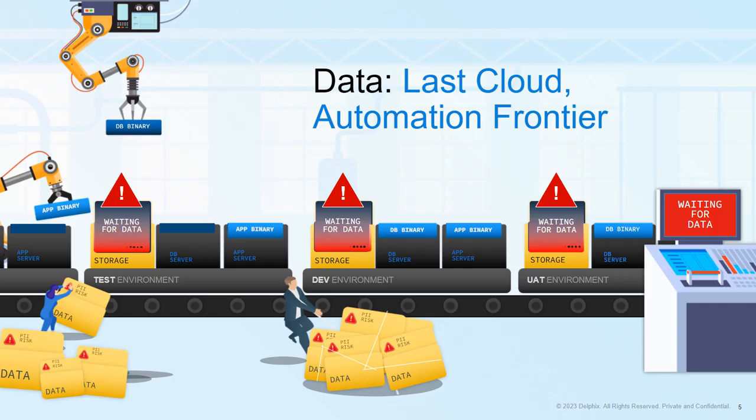So to summarize, we believe that data is basically the last automation frontier. Especially in development and testing, we have succeeded in automating code, testing practices, and workflows. Everything is fully automated today, but when it comes to moving terabytes and terabytes of data in an agile and secure way from production to dozens of non-production environments, we are still trying to figure that out.